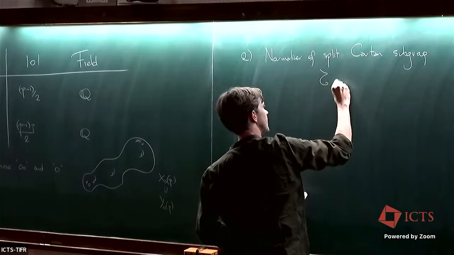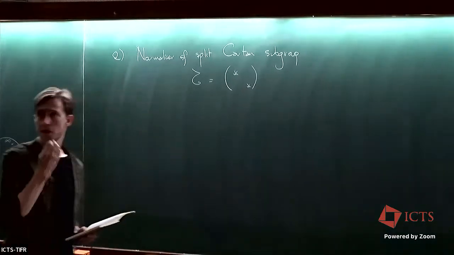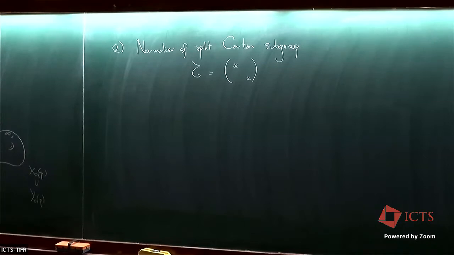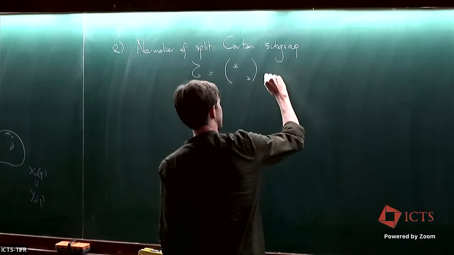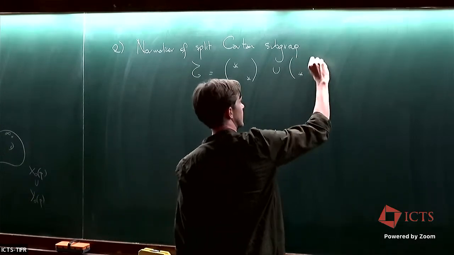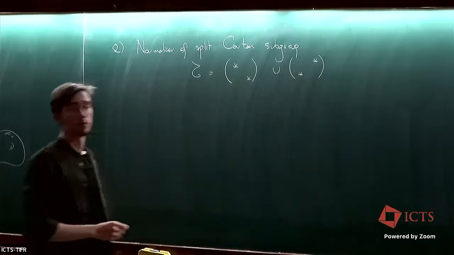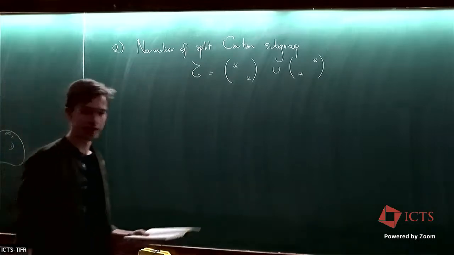It means G is the diagonal matrices in GL2(Fp). That would be the split Cartan subgroup. Its normalizer actually contains it with index 2, and it also contains the anti-diagonal elements. So that's a group of size (p minus 1) squared times 2 in GL2(Fp).